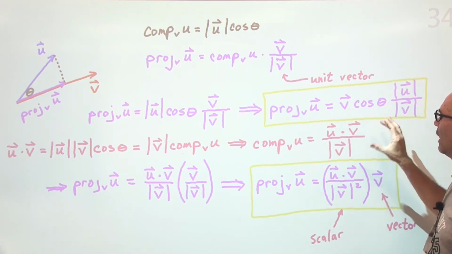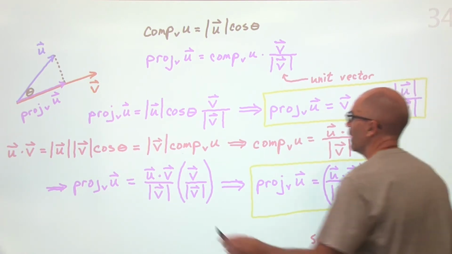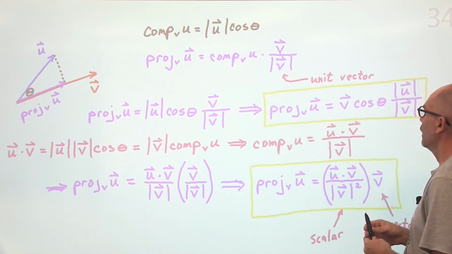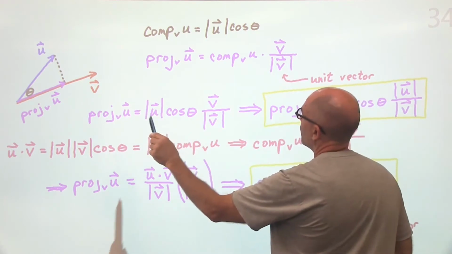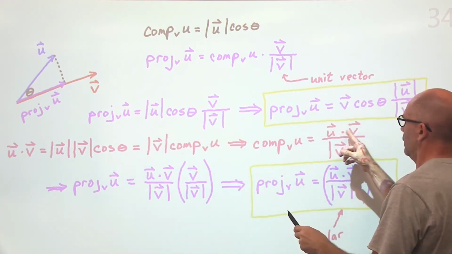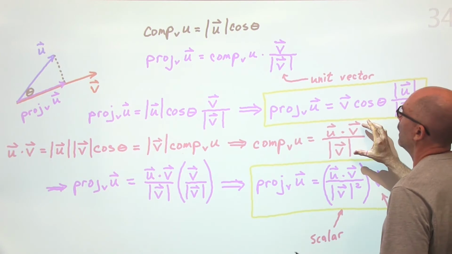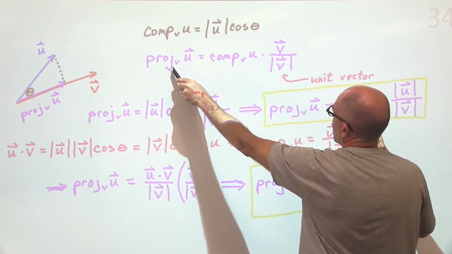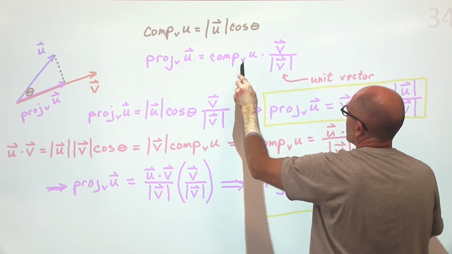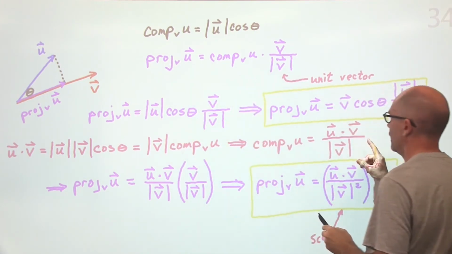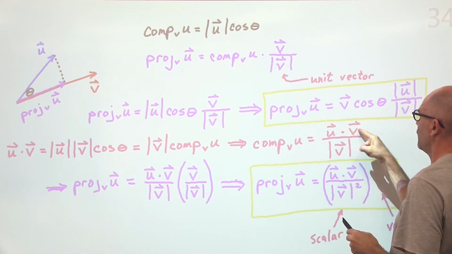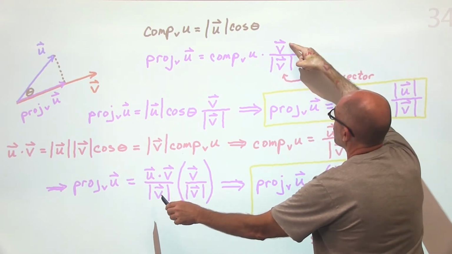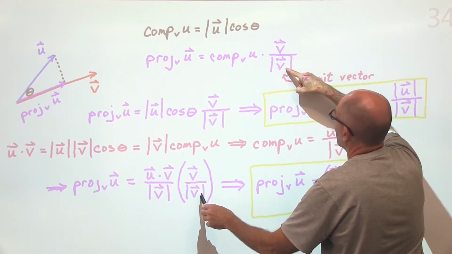All right, so we go on down to here then. The projection of u along v is u dot v. Let's see, okay, here's what I'm doing. I'm starting with this equation right here. So the projection of u along v equals the component of u along v, which is u dot v over the magnitude of v, times vector v over the magnitude of vector v.